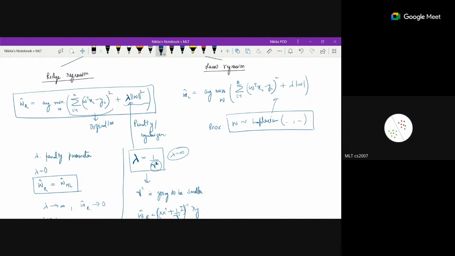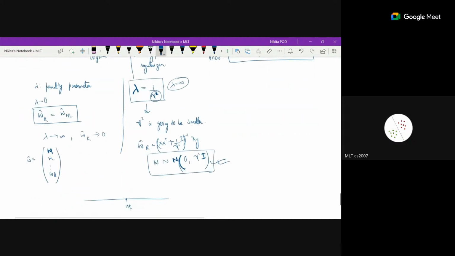Okay. So geometrically, how can we see this? The ridge regression and the lasso regression can both be put into an optimization problem.